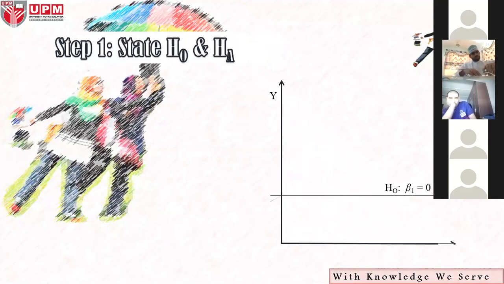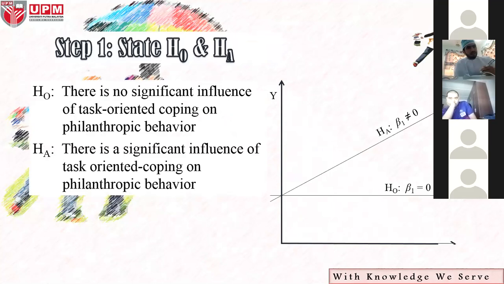To state the H0, this one is mostly used by the students. The hypothesis will be either: there is no significant influence of task-oriented coping on philanthropic behavior to represent your null hypothesis, and there is a significant influence of task-oriented coping on philanthropic behavior to represent your research hypothesis.